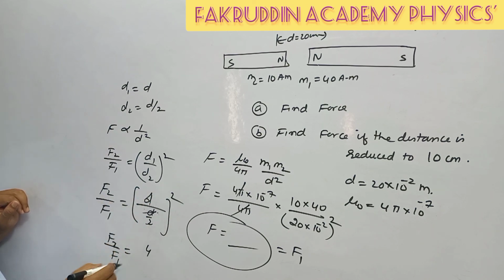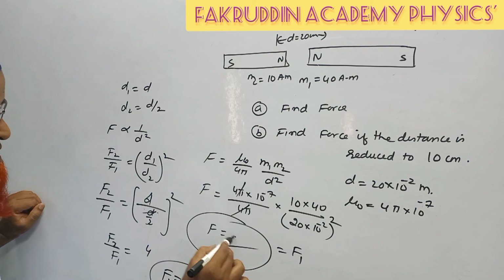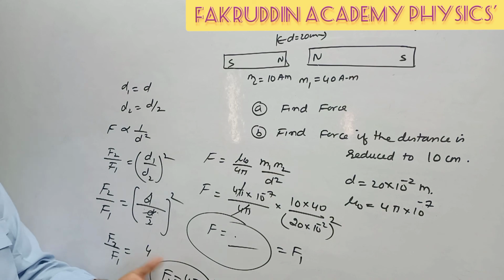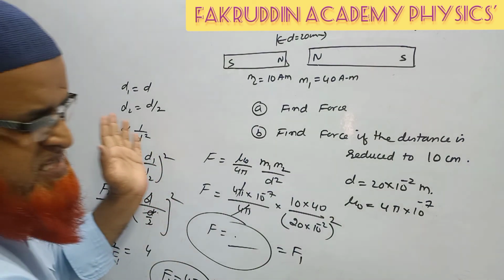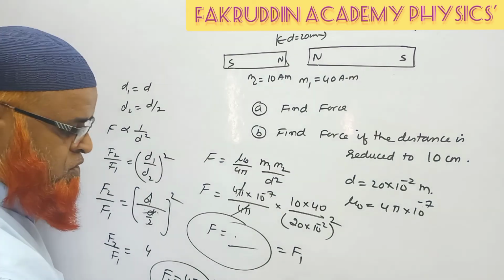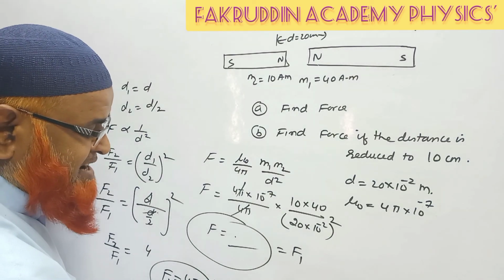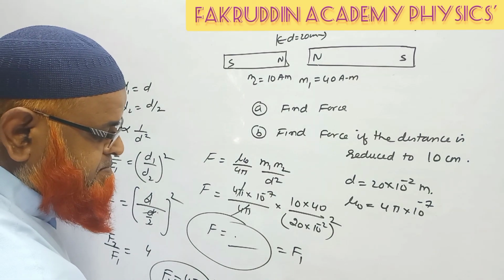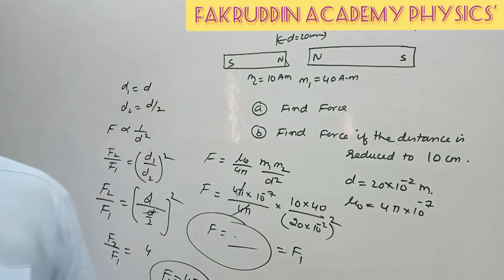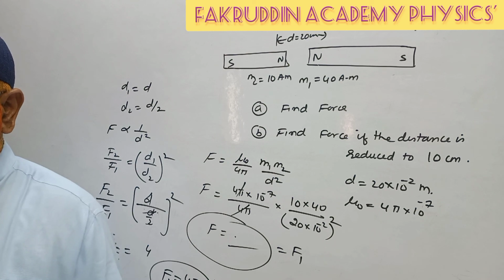So F2 will become 4 times F1. Whatever value you get for F1 should be multiplied by 4. So when the distance is reduced to half, the force is quadrupled, 4 times. That is the answer.